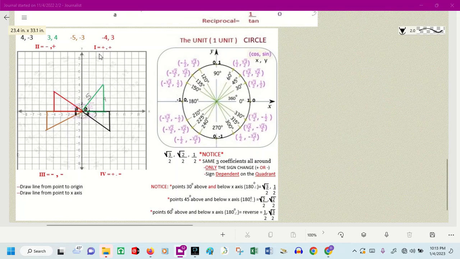If your number is in quadrant 2, your x is negative and your y is positive.